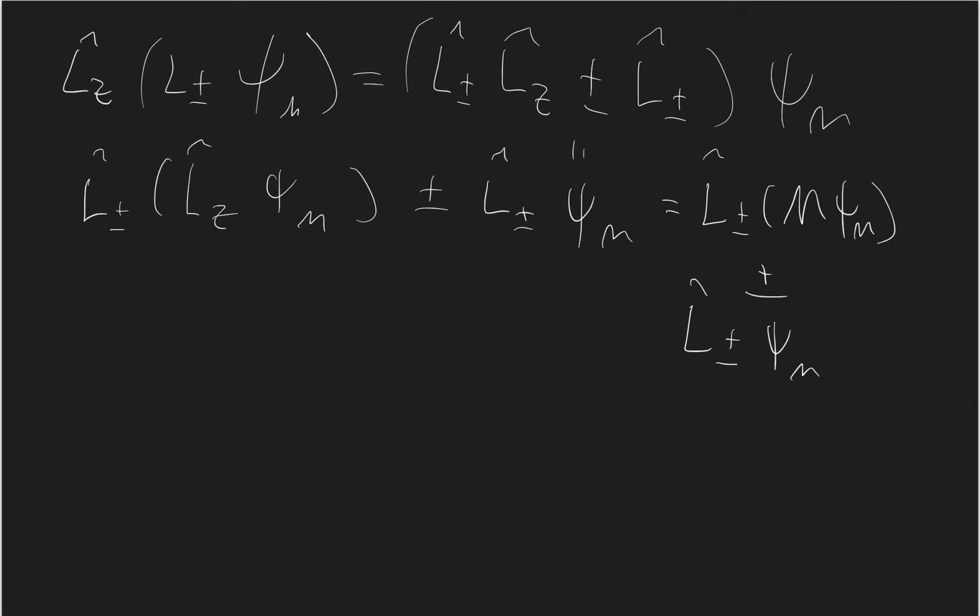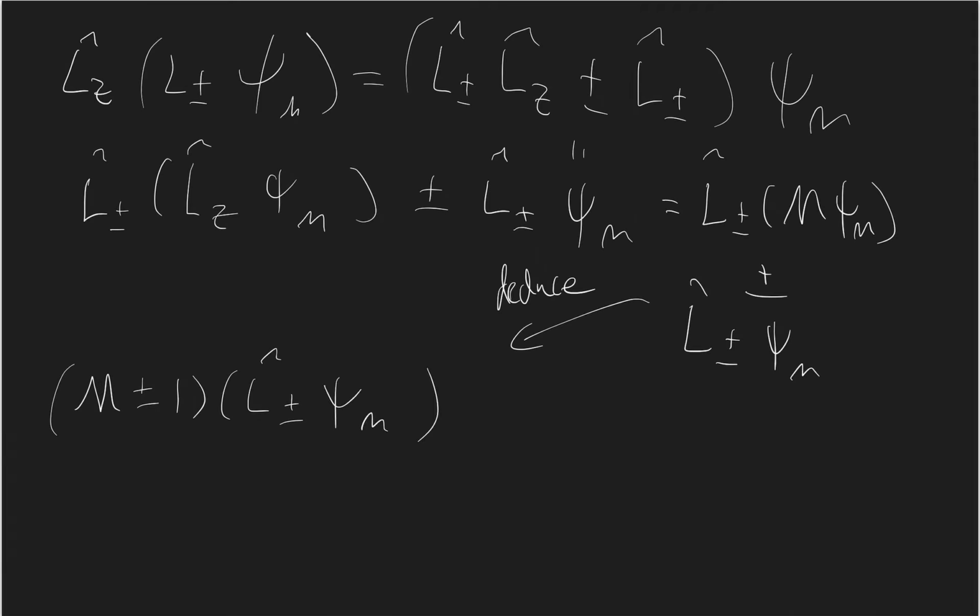And so what we can deduce is that the eigenvalues, plus or minus 1, we factor this out, with this ladder operator basis, we should observe something like this, right?